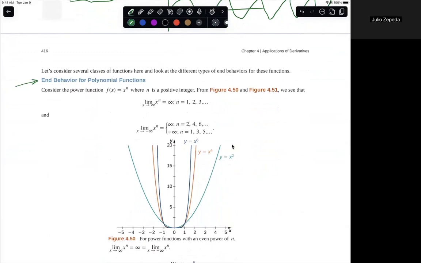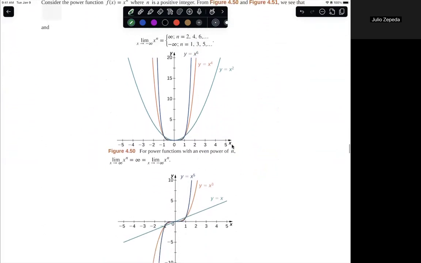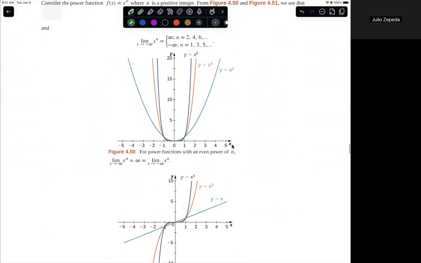So for polynomial functions, let's look at the function f of x equals x to the n, where n is even. That's the graph they're showing here.